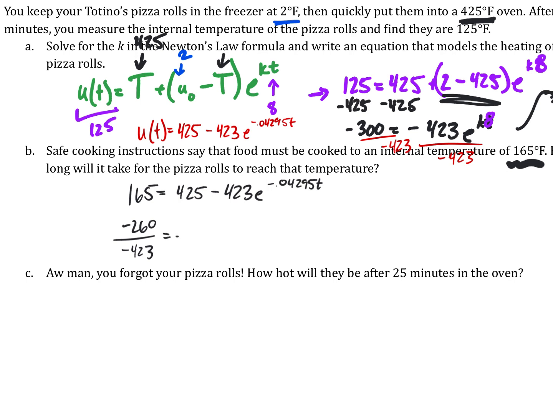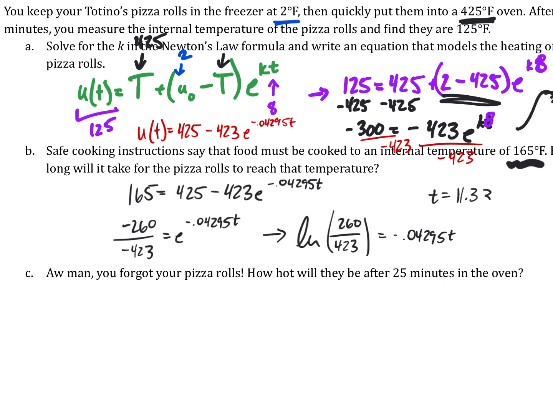So I get that equals e to the negative 0.04295t. I'm struggling with the decimals here today. Just be careful. Okay, so this gives me ln of that fraction, 260 over 423, equals negative 0.04295t. Divide both sides by that decimal, and I get that t equals 11.33 minutes, which I guess is why they tell you to cook them for 12, huh?